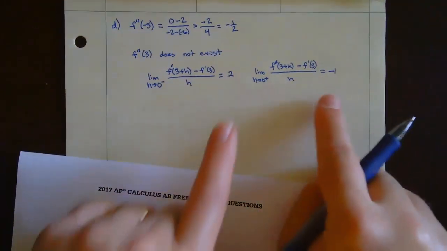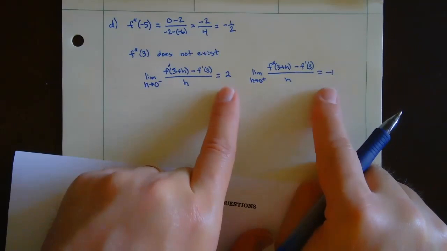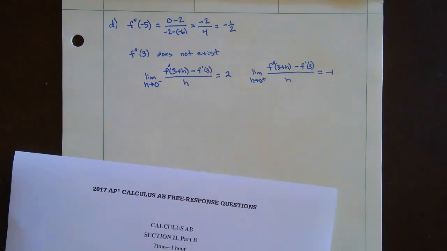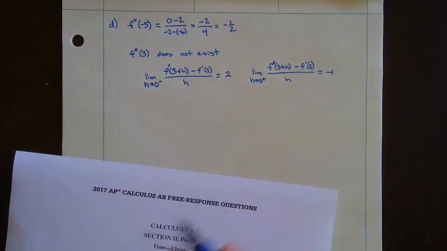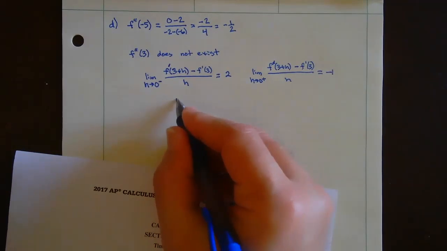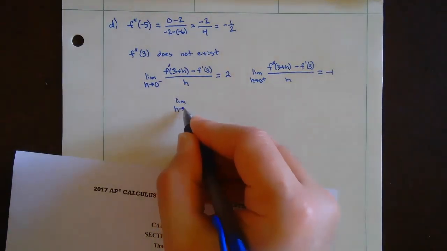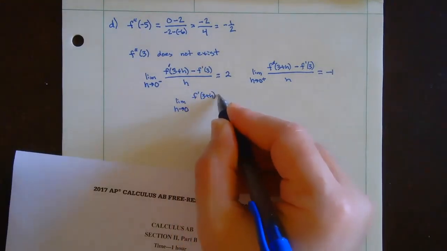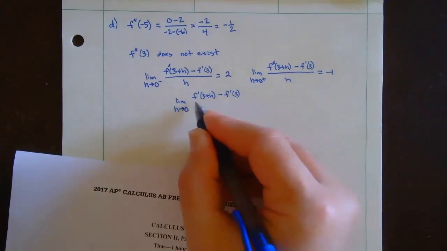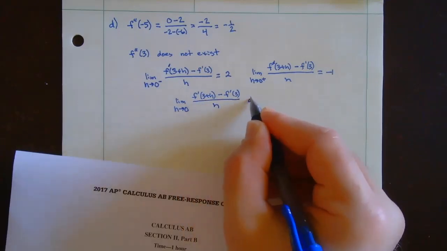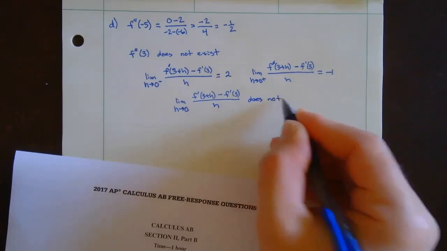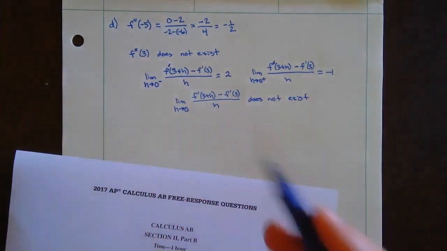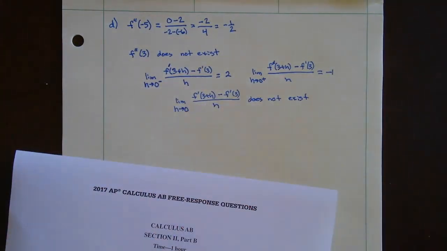So these one-sided limits differ, and that's why f triple prime of 3 does not exist, because the limit as h approaches 0 of f prime of 3 plus h minus f prime of 3 over h does not exist. Remember, for a limit to exist, the one-sided limits have to be the same amount. They have to equal each other, and they don't.